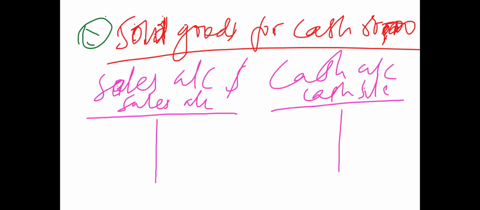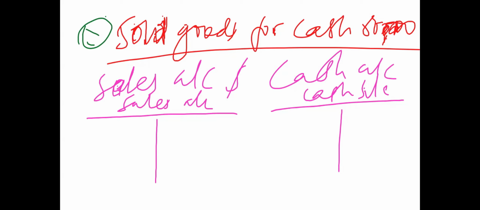So now we are going to identify. We know that cash is a real account. So we need to see, is cash coming in or cash moving out? For cash, we can see that cash is coming in because we are selling goods. Since cash is a real account, the rule for a real account is that you debit the receiver and credit the giver.